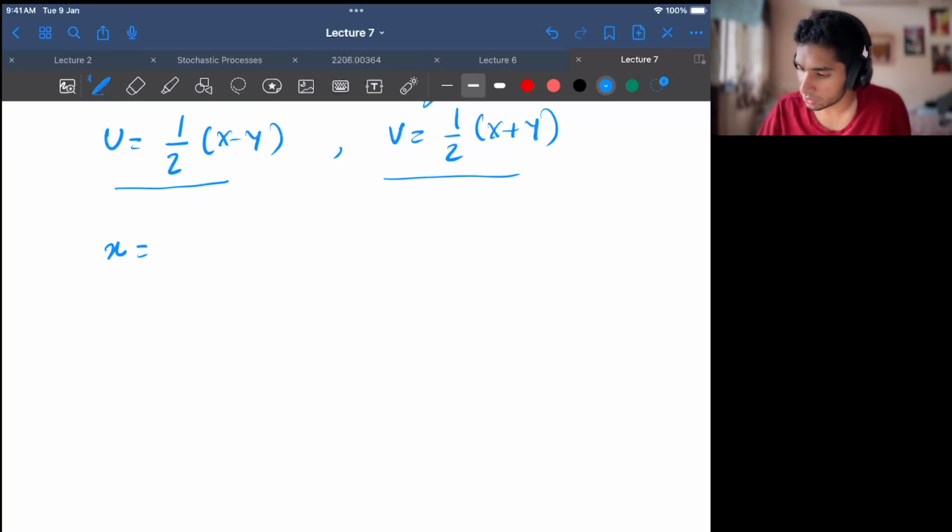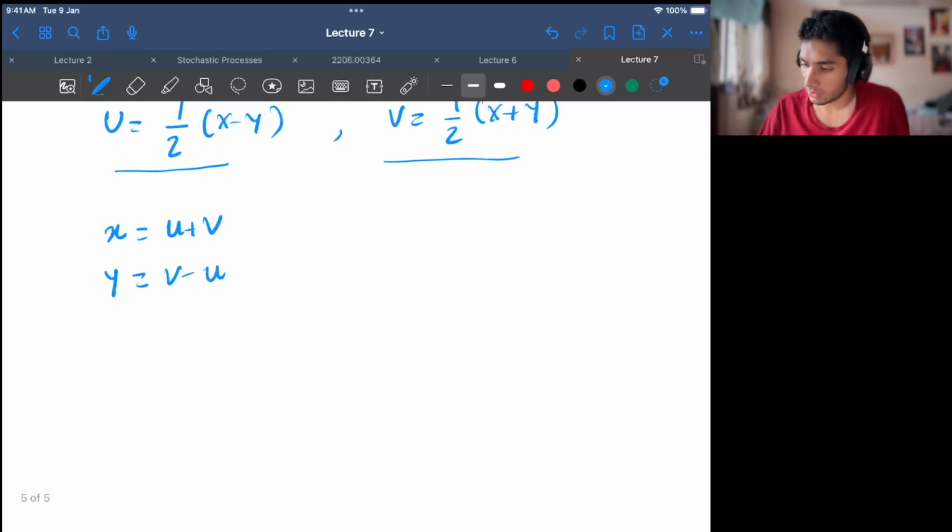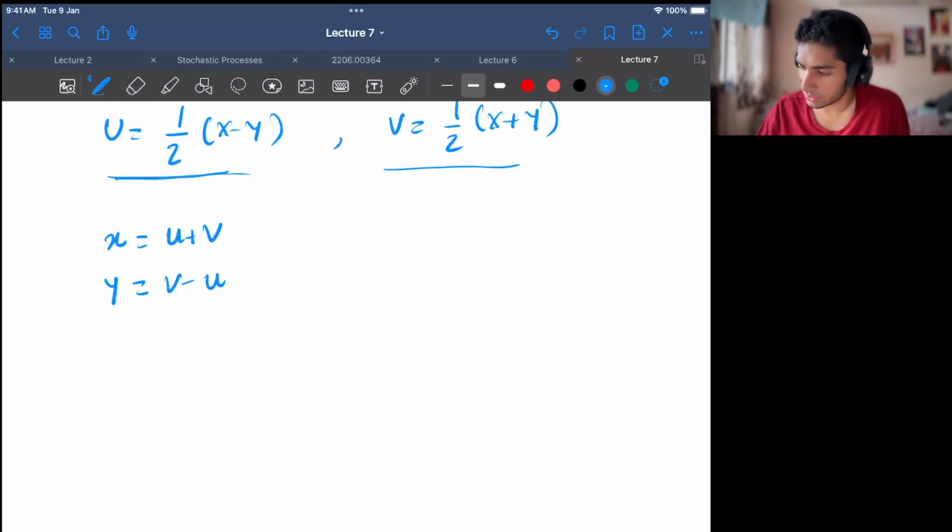If you add these two, u plus v, what will you get? Half times y gets cancelled, 2x. So it's simply x is equal to u plus v, right? And if that is the case, then y should be equal to v minus u. Just using these two, you can verify. That's not a big deal.